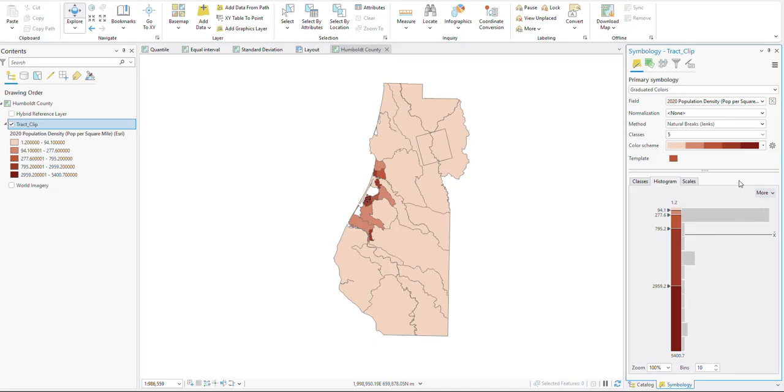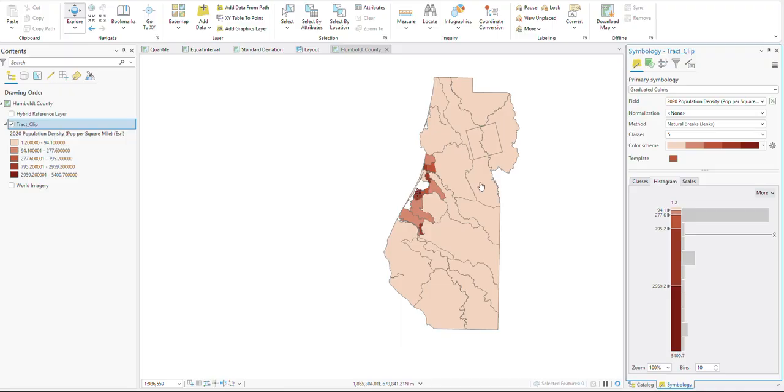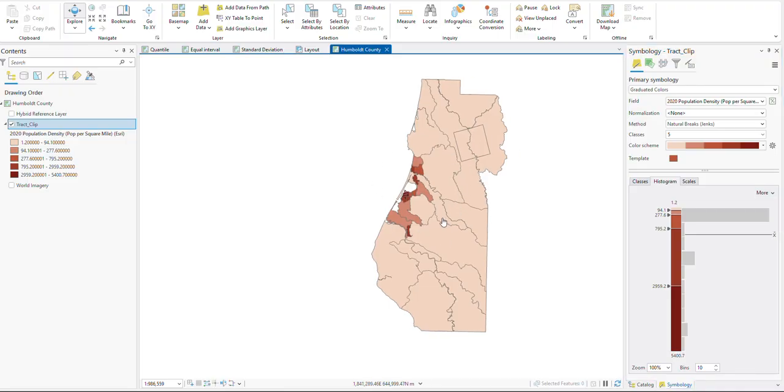And this is pretty common of large, sparsely populated counties. Then we have clusters of high population in the urban areas, right? And then in the rest of these areas around Eureka and Arcata and McKinleyville specifically, we have kind of uniform low population density.